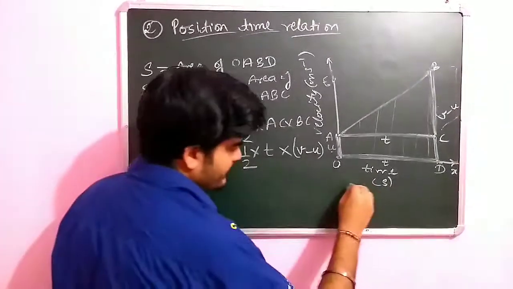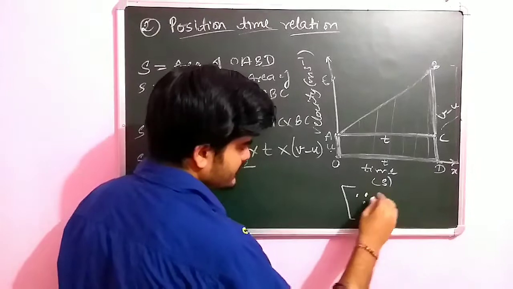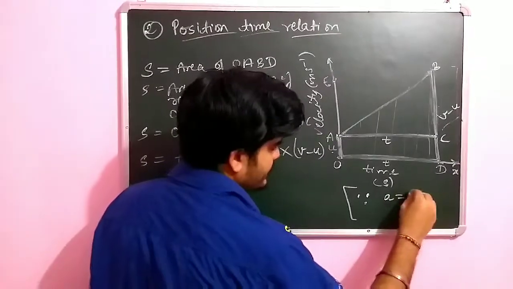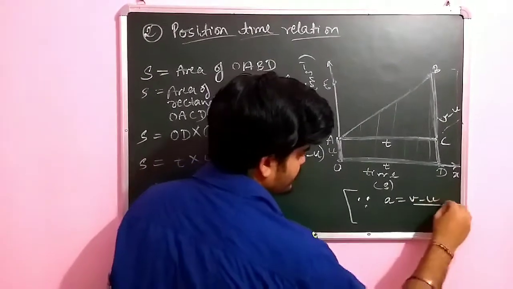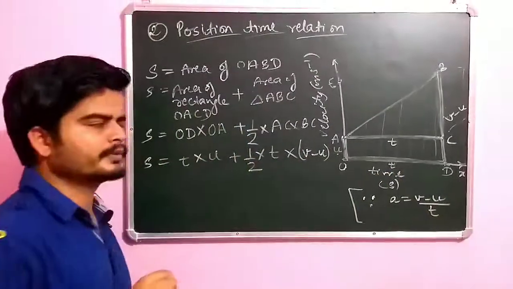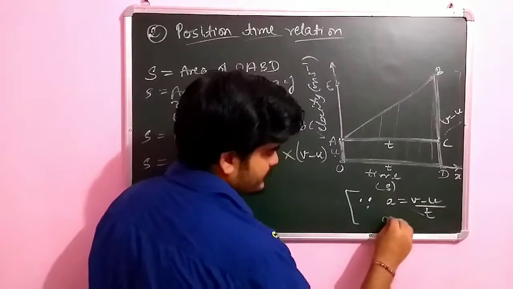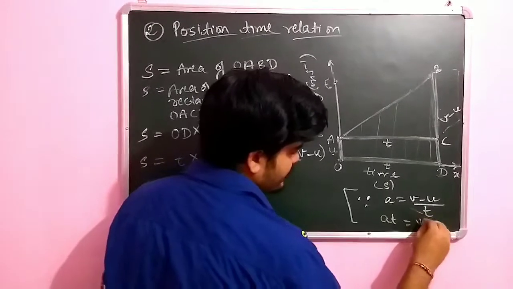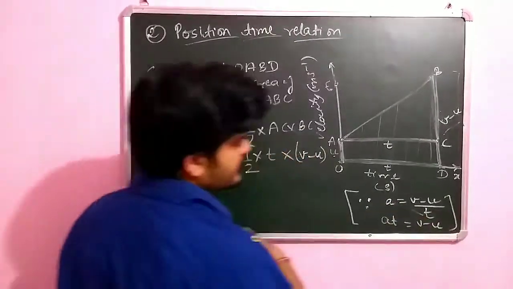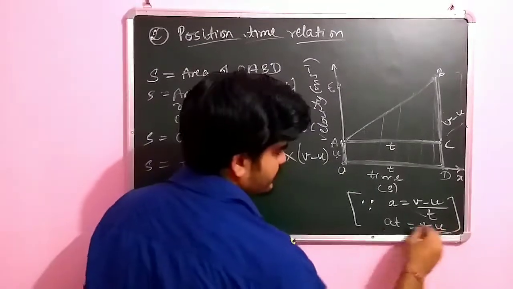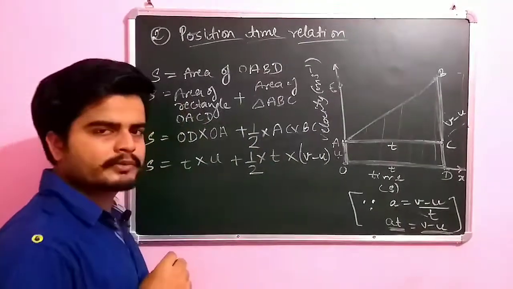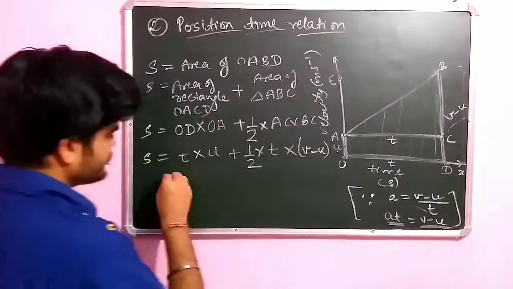Now if you remember, acceleration a is equal to V minus U upon t. Cross multiplying, a into t will be equal to V minus U. So the value of V minus U is a into t. Put the value here.